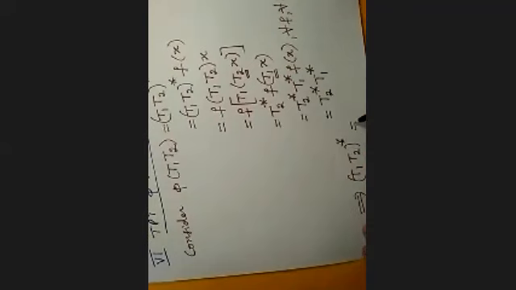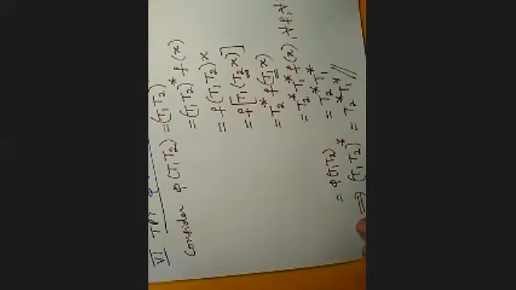Therefore, we have got (T1 T2) whole star is nothing but T2 star T1 star. And this is nothing but phi of T1 T2. Now the product has got reversed.